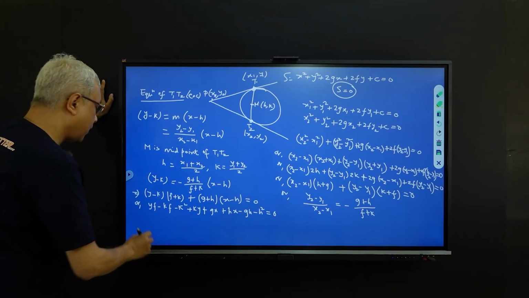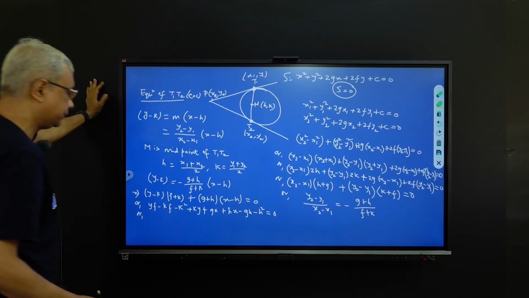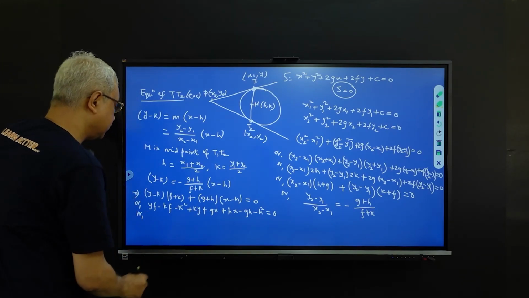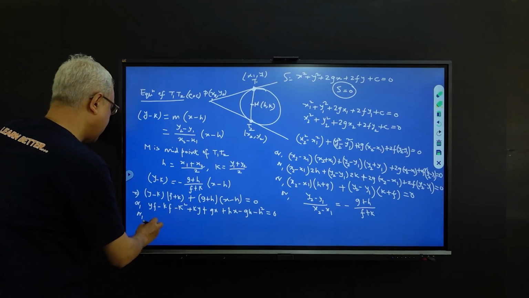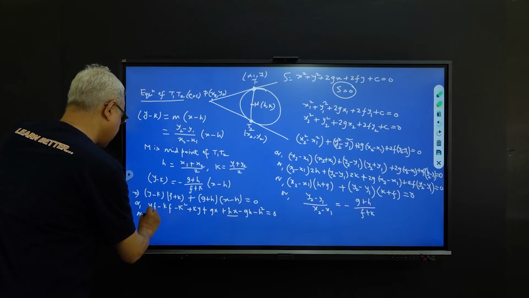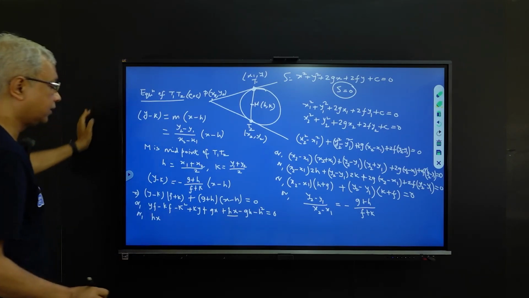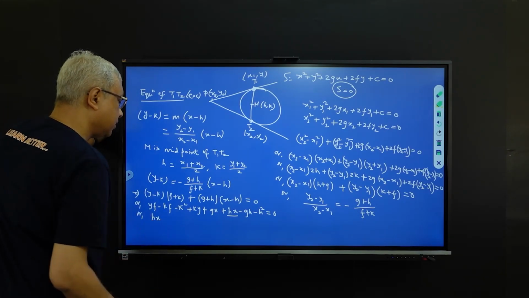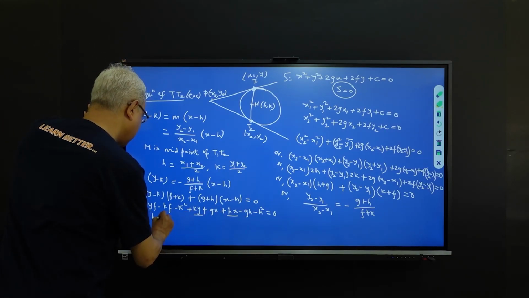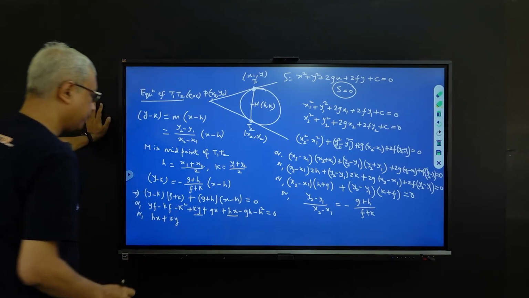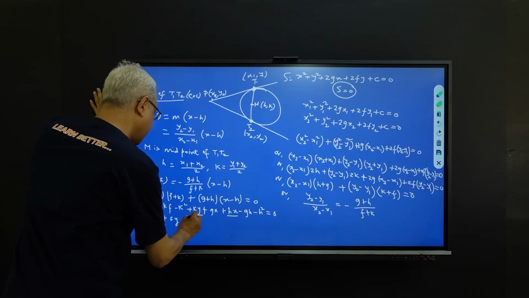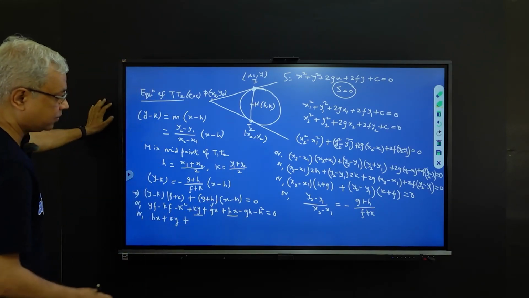So what is happening? What I do, I write this term, I take hx plus ky. This term I am writing plus ky, plus this term you write gx.